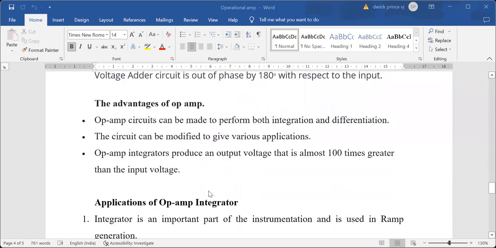Next, what are the advantages of op-amp? An operational amplifier circuit can be made to perform both integration and differentiation. The circuit can be modified to give various applications, as I have already said.